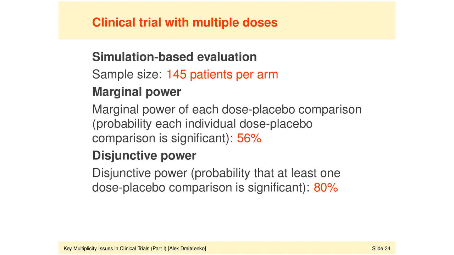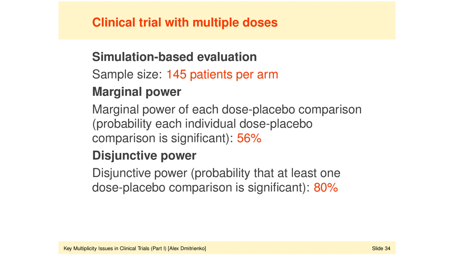When we compare this naive approach to power calculations in this type 2 diabetes trial to the recommended approach that makes use of simulations, we can see that with the simulation-based evaluation, the common sample size per arm is only 145 patients. What are the operating characteristics of the resulting trial design? We can see here that unlike the naive approach, marginal power with the simulation-based approach is much lower.